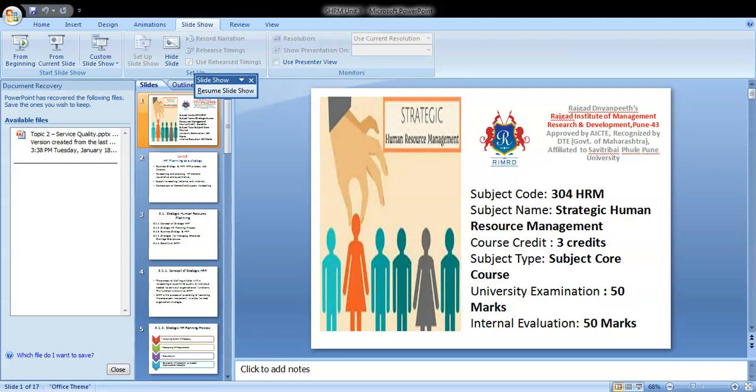So starting from 3.3.1, that is meaning and definition of job analysis. Job analysis refers to a complete and organized study of jobs to understand the characteristics of people to be hired for a vacant position in the organization.